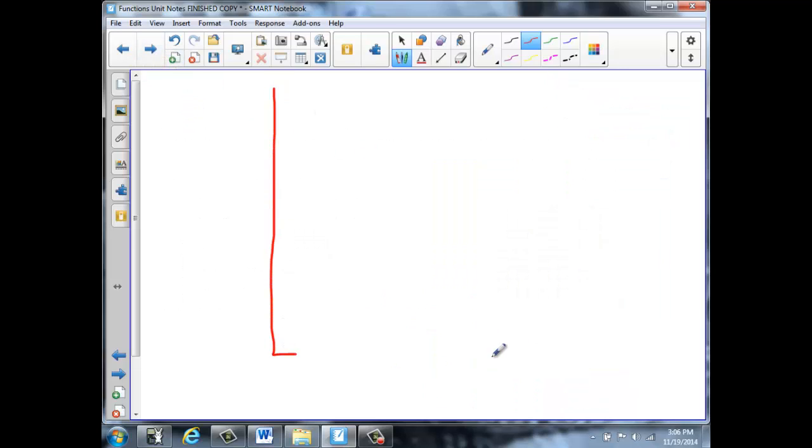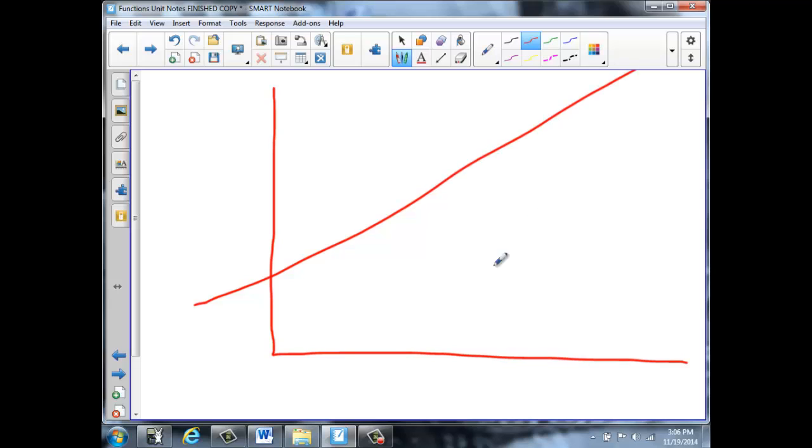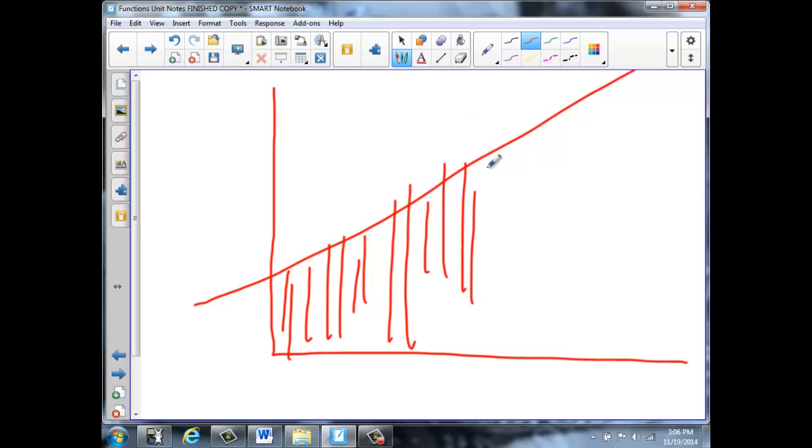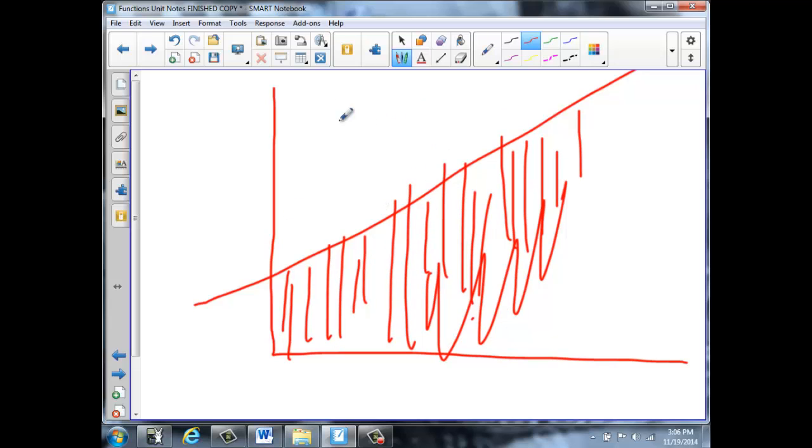Let me make a new graph here. Let's say I give you a graph and I ask you to shade this line. Let's say we want everything above this line. So this is where the answers are. What we would then do is shade everything below the graph, and say this black section down here is where the answers are not. Here is where the answers are. Let's say we had a second line like this, and we wanted all of the answers below this line.